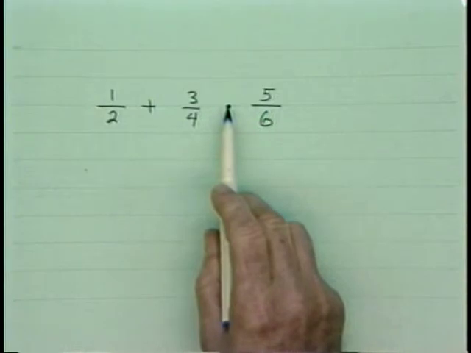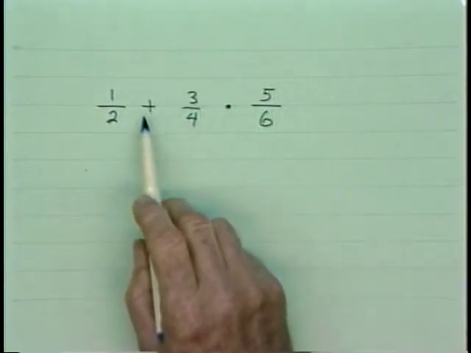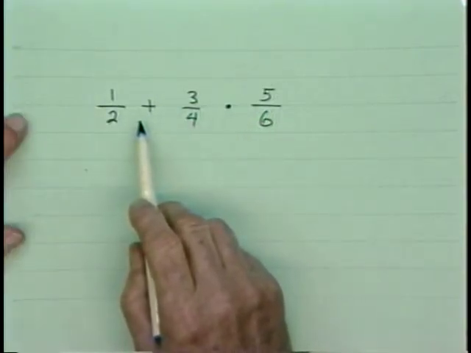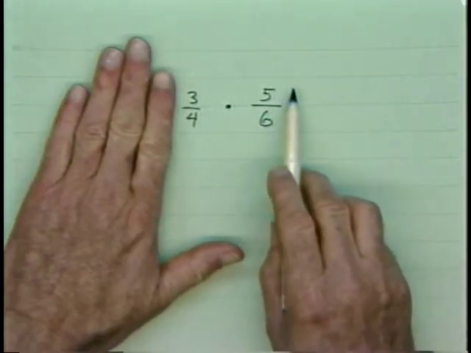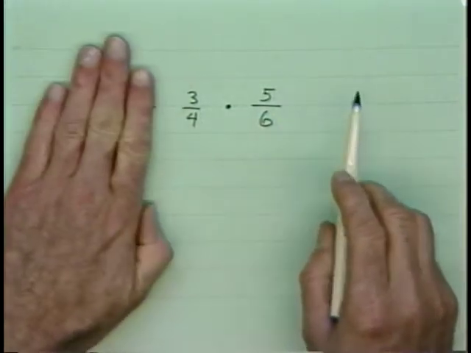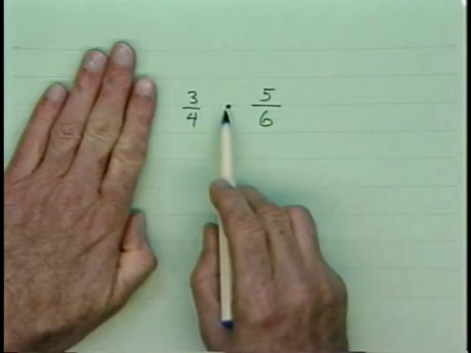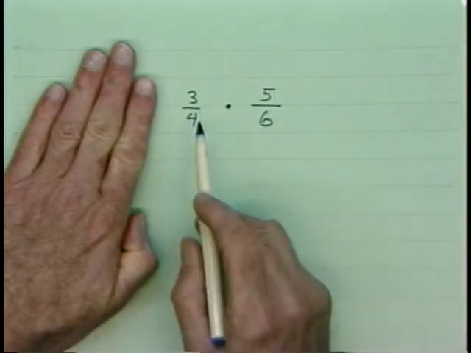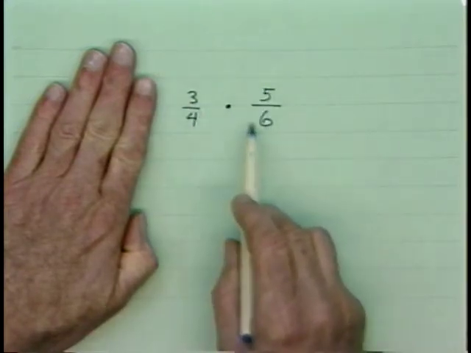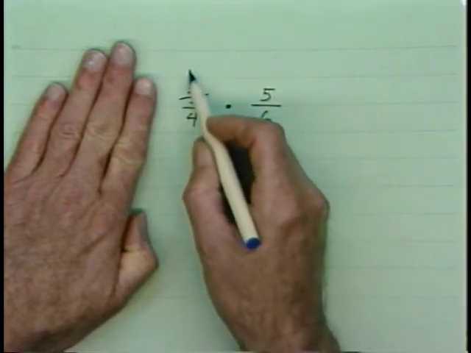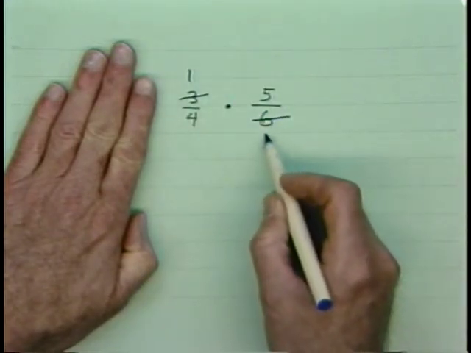Multiplication always is done before addition unless a parenthesis intervenes otherwise. So I would do this portion as though this didn't even exist. And of course, when I'm multiplying, I always look to see if cancellation is possible anywhere. And in this case, it is right here.